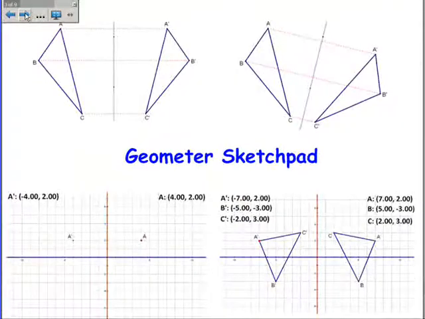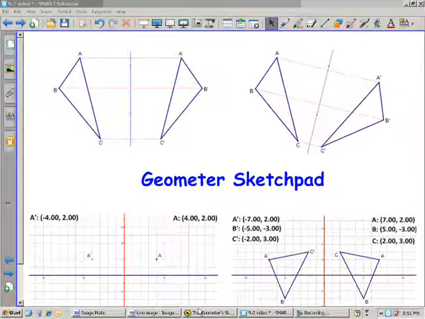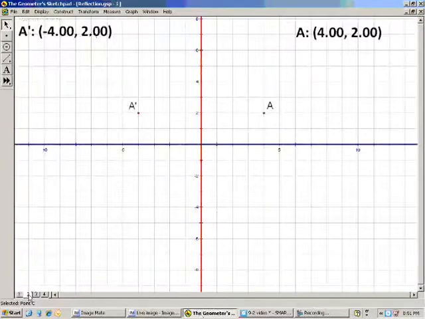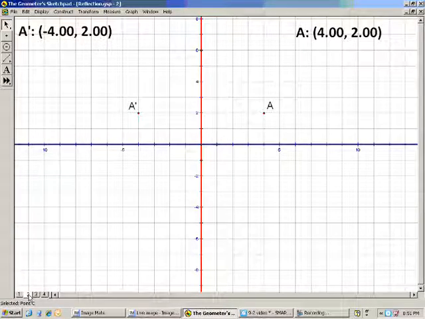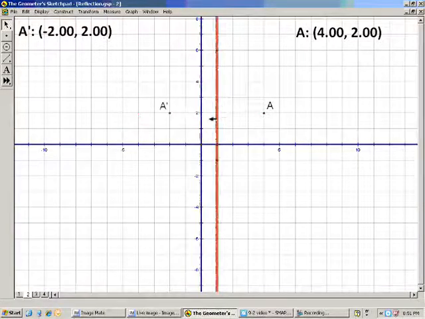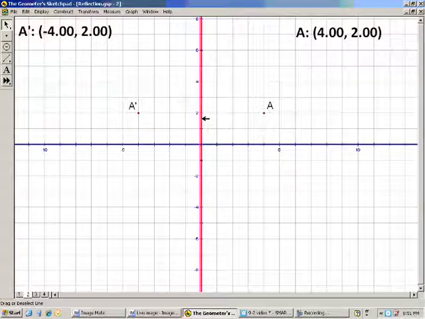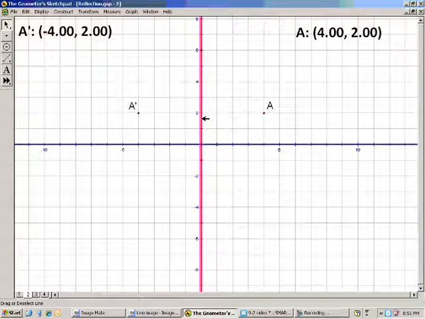Okay, let's look at some more Geometry Sketchpad files. Okay, we've seen this one. Okay, now in the coordinate plane, this red line, which is also the y-axis, is our line of reflection. Okay, it happens to be vertical at this moment, but it doesn't always stay vertical.